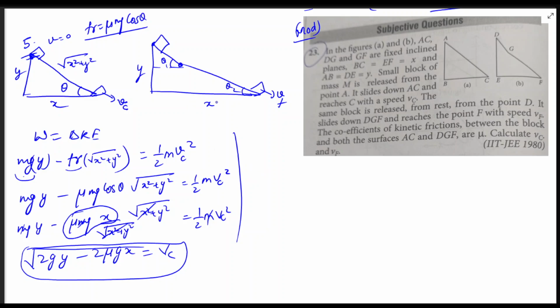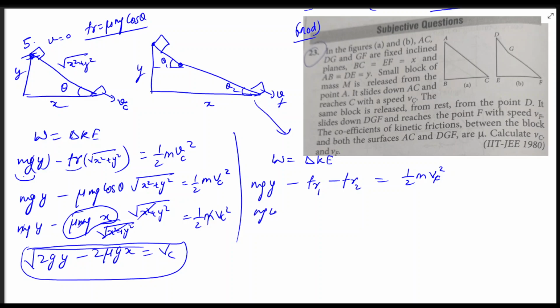Let's solve it. So here work done will be the change in kinetic energy. So mgy will be the same, minus friction 1 minus friction 2, equals half m vf square.